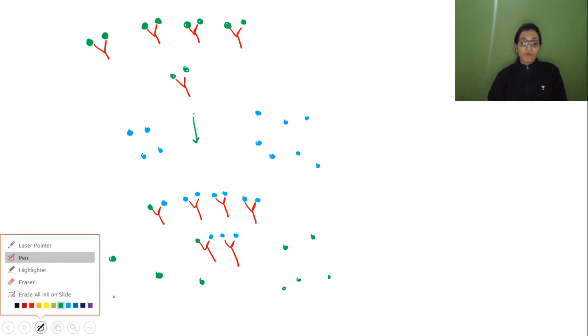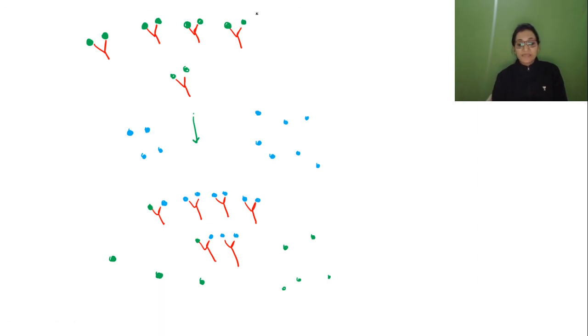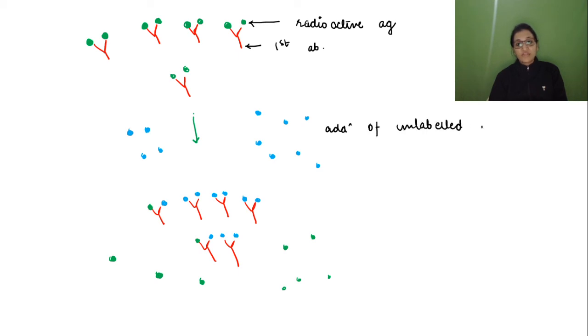So let us write that this is the radioactive antigen, then this is the first antibody, then there is addition of unlabeled antigen.